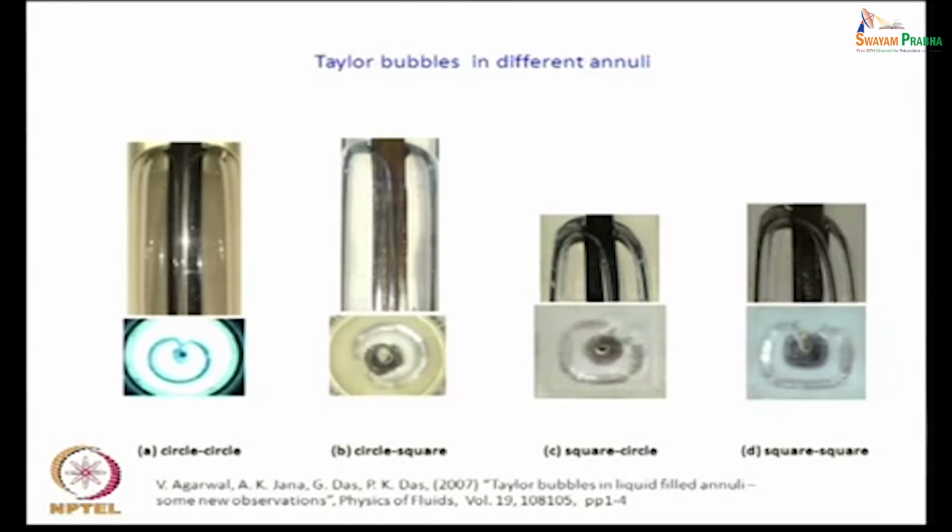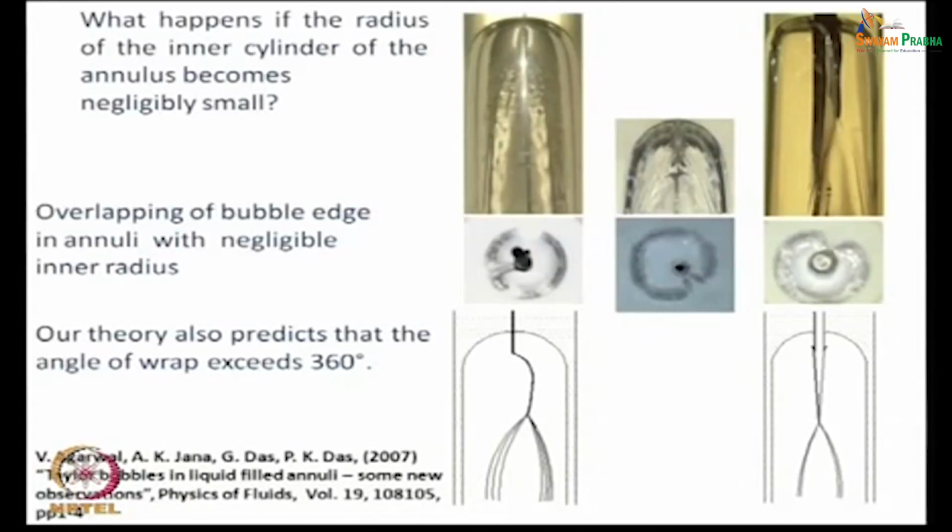After studying this, the next thing which we wanted to study was that, well, for a circular rod, the bubble was nicely symmetric. For an annulus, it was distinctly asymmetric. The annular ring opened up and there was a liquid bridge.